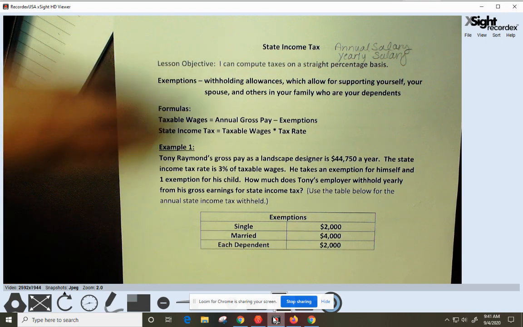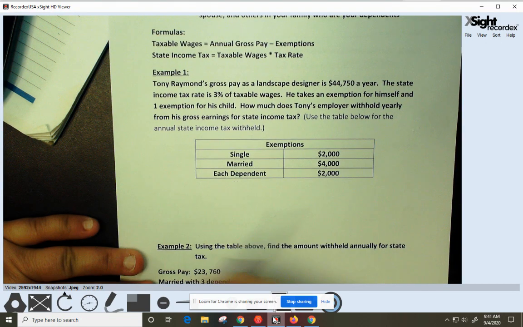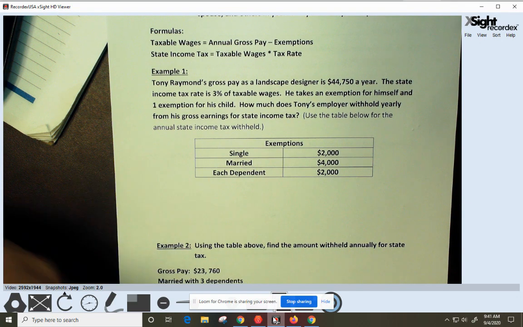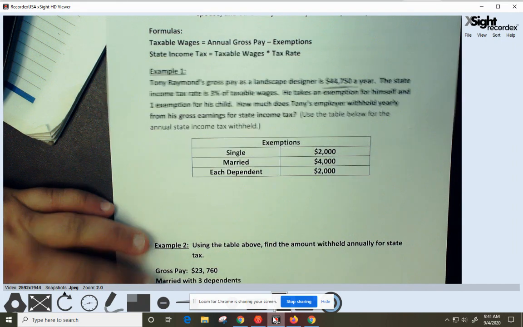Okay. So I've got a little table set up. And again, I believe these numbers have changed over the last few years, but I keep these because they're nice round numbers to work with. It gives you an idea of the process of how to do your stuff. Okay. So Tony Ramon's gross pay for a landscape designer is $44,750 a year.